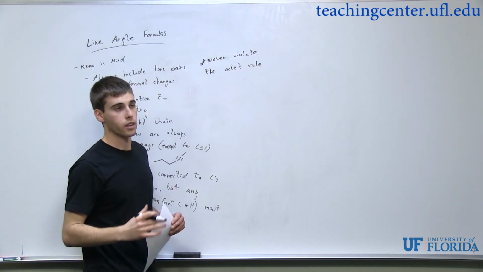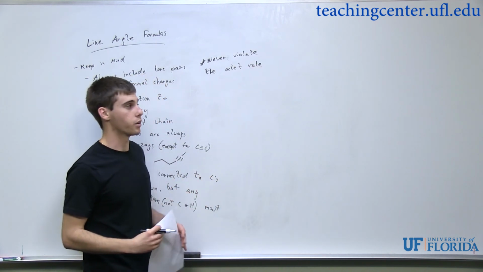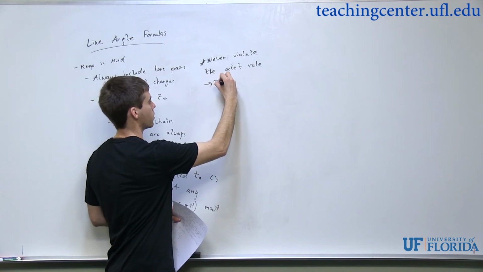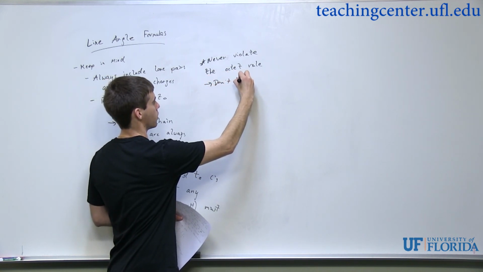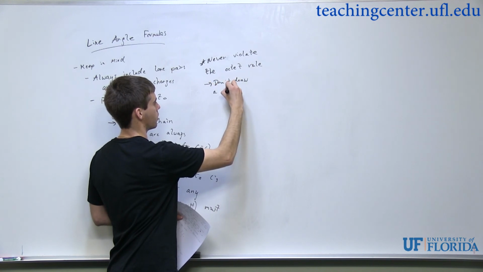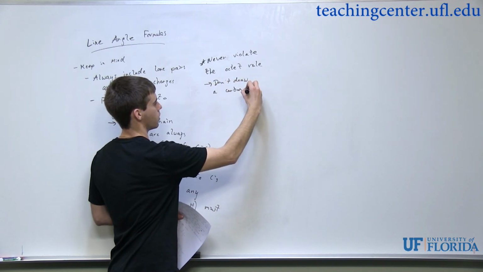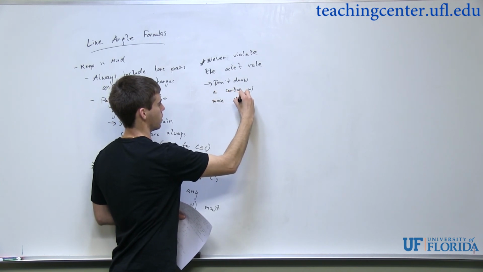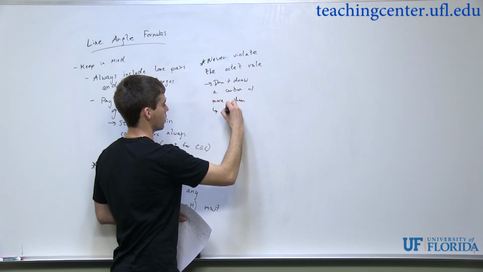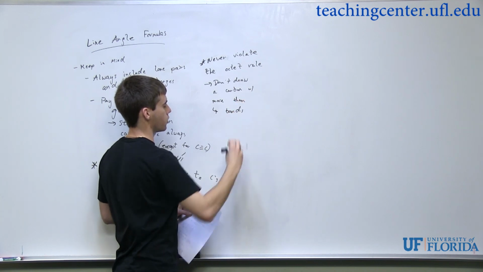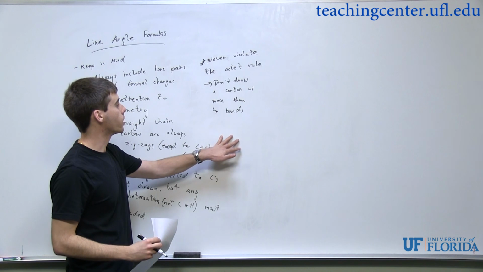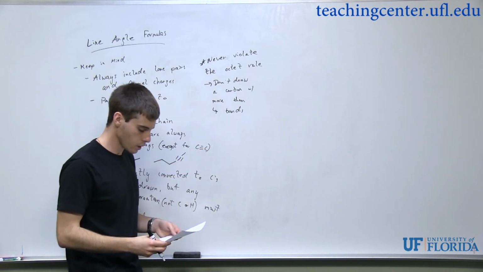And the most common thing to avoid breaking the octet rule is don't draw a carbon with more than 4 bonds. So that's the most important thing to remember to avoid breaking the octet rule.